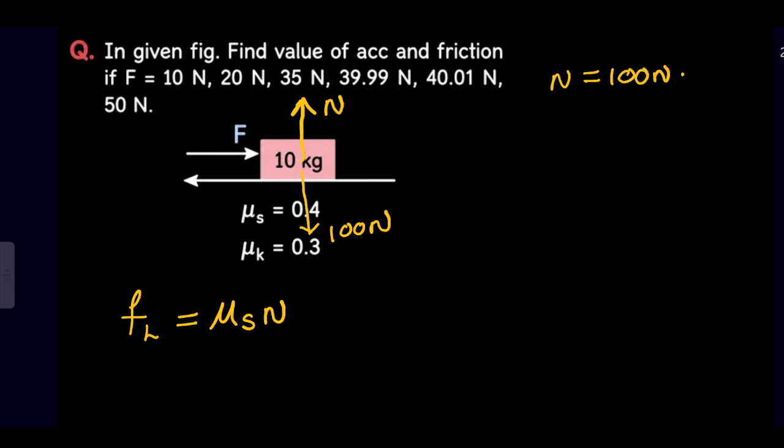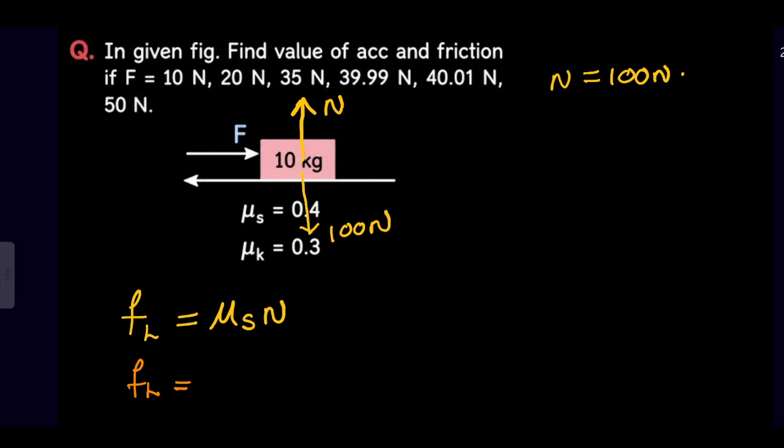100 newtons. Now we need to find the limiting friction. FL is equal to mu s, not mu k, mu s.